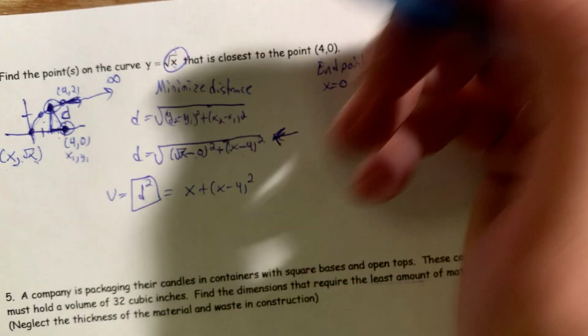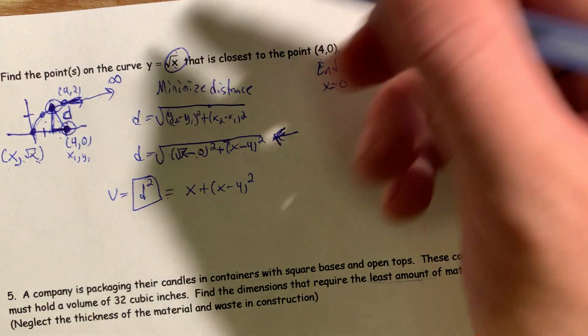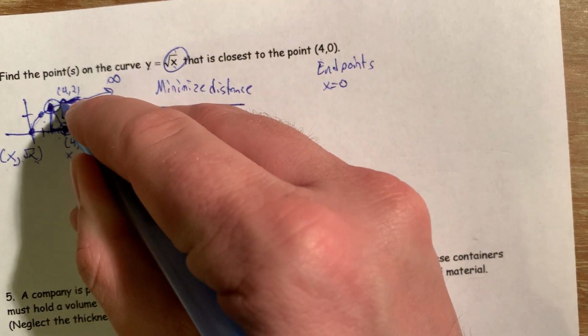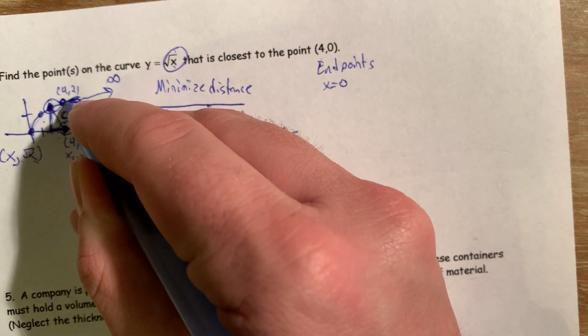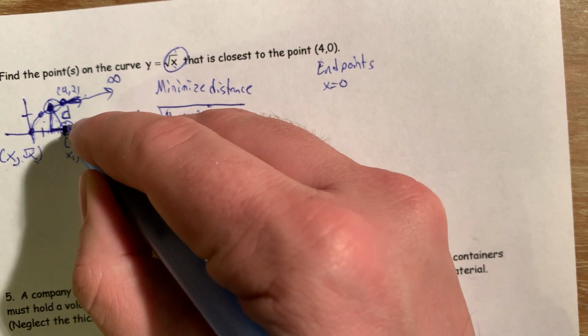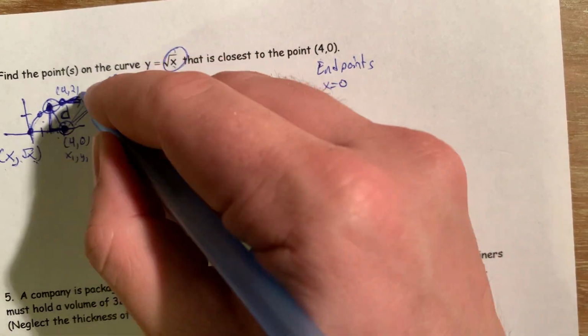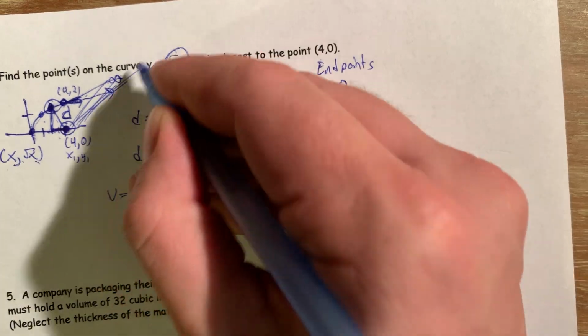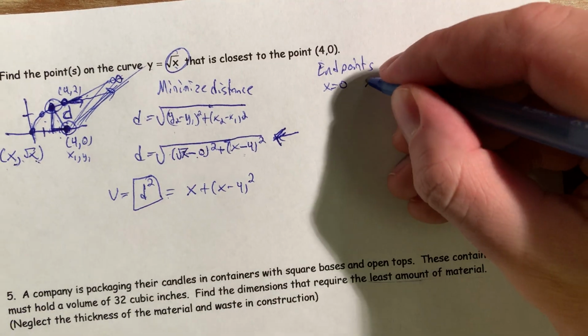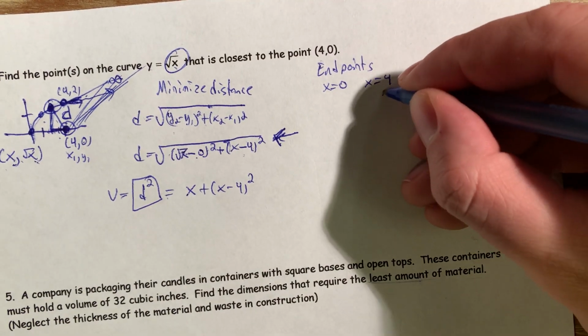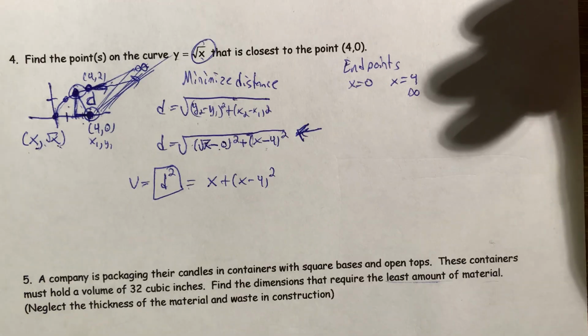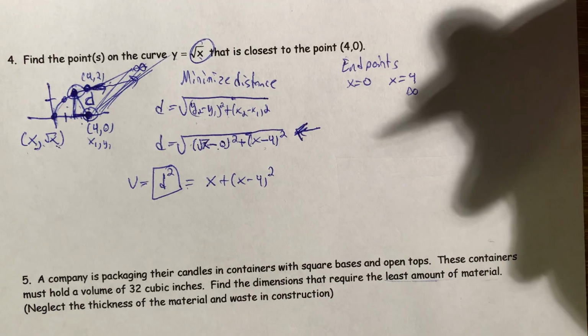You can think of it as infinity, or you could say, I know after x equals 4, the x and the y are both going to keep getting bigger and bigger because it's going up and getting further away. So it's not unreasonable to think of 4 as the endpoint, or you could think of it as not having an endpoint and just having infinity and seeing what happens there.